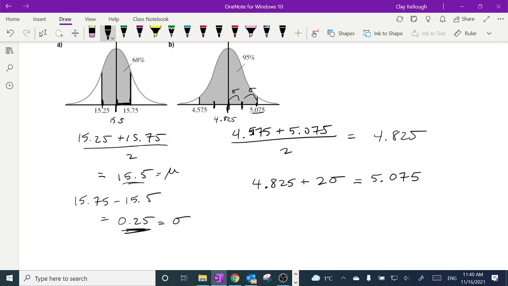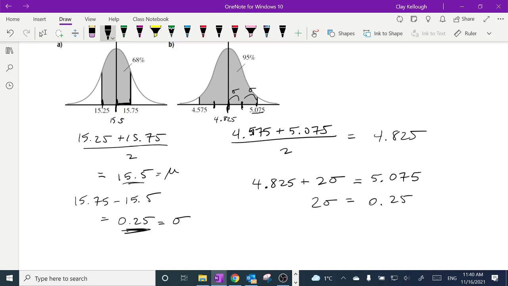What is that standard deviation? How do you solve? Come on. This is grade 7 or 8 algebra. I take away 4.825 from both sides of the equation first. And that's negative, or it's not negative. I don't know why I put a negative there. It's 0.25.